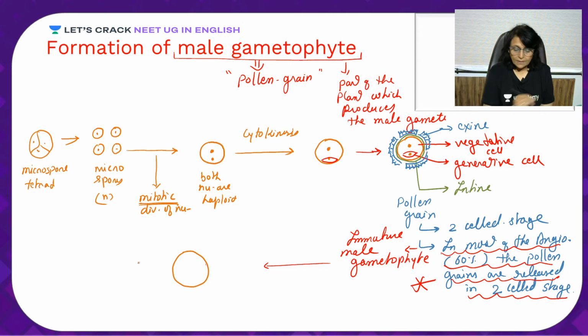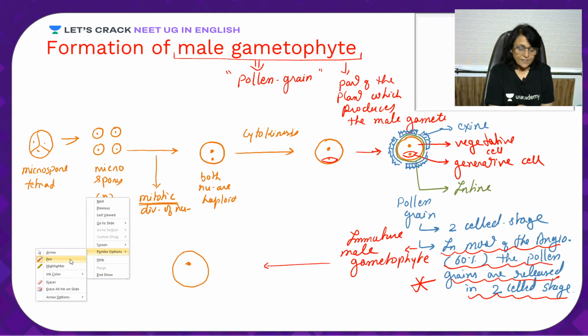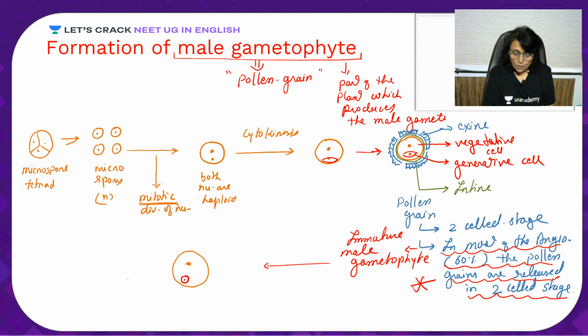this is the vegetative cell, its nucleus, and the generative cell undergoes one more mitotic division.